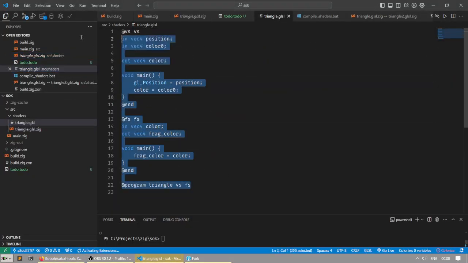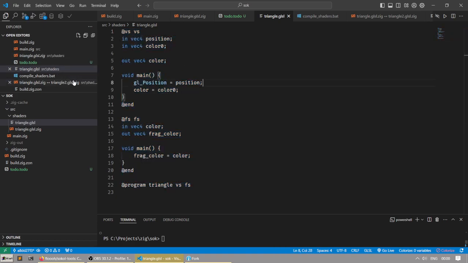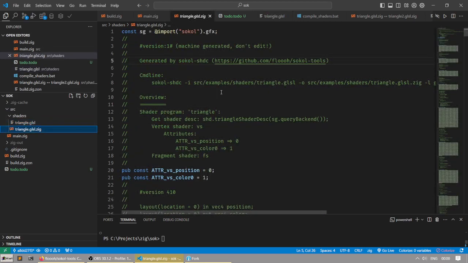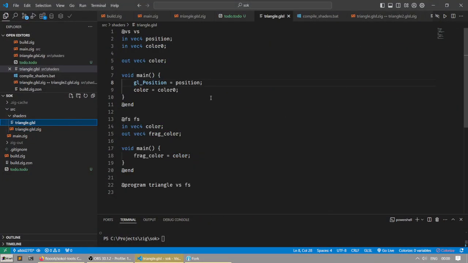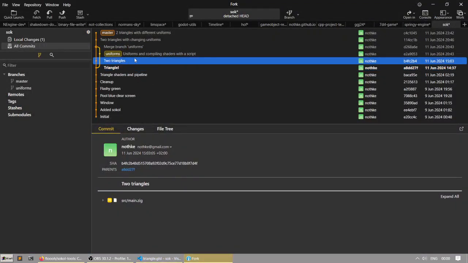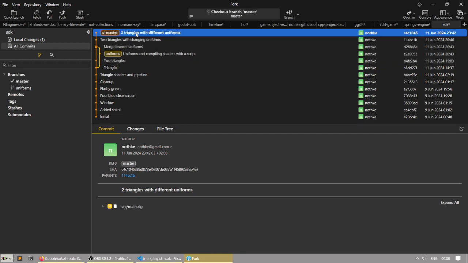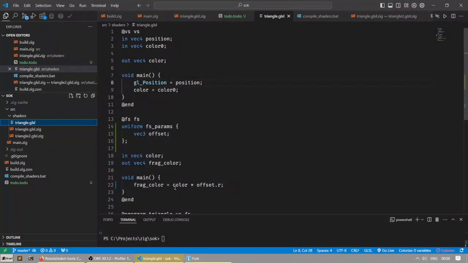This is the shader, super simple, and it will convert it into this Zig file, which is machine generated. So what it does is that it compiles for everything that you need. And what I need is actually in a bat file, which is not in this commit, but it's a bit later. Okay, let's go back to the two triangles.